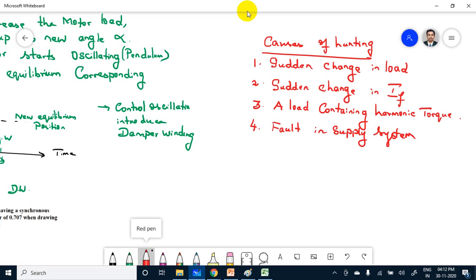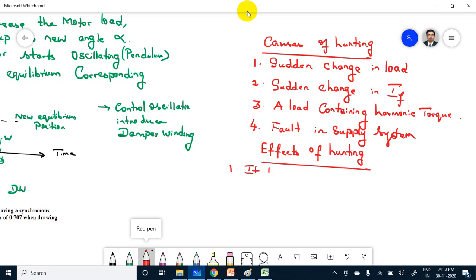And what are the effects of hunting? First point, it may lead to loss of synchronism.